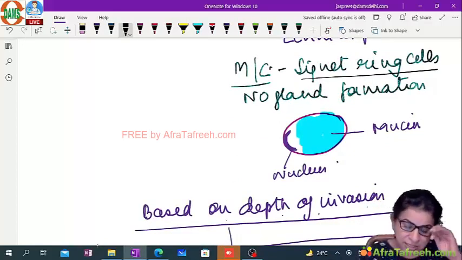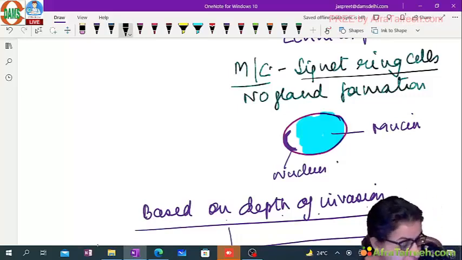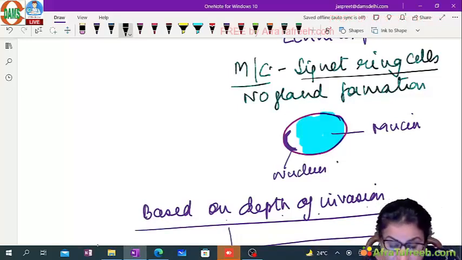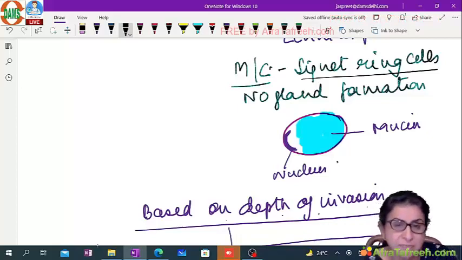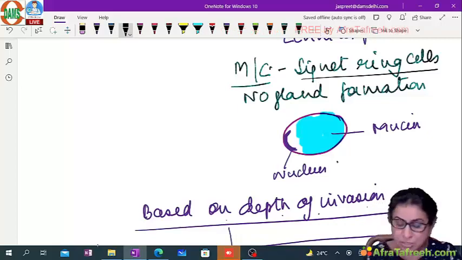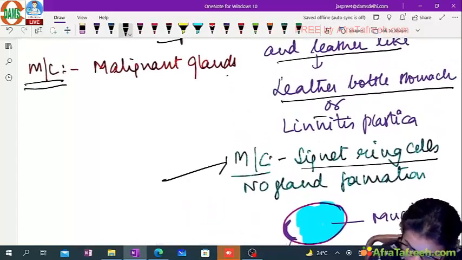Yes, Adesh, that's a very good question. What I did not tell, what I thought would be too much for you, is the type of mutation that you get. In diffuse type of gastric cancer, why do signet ring cells form?